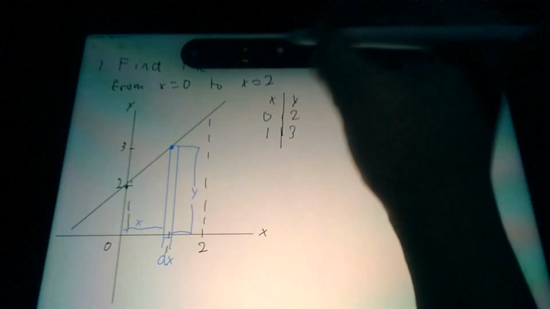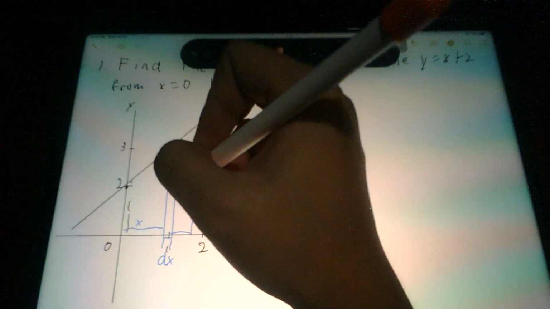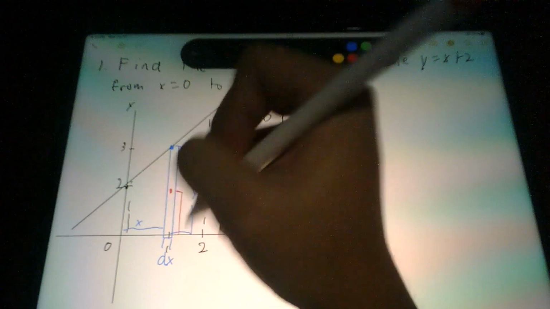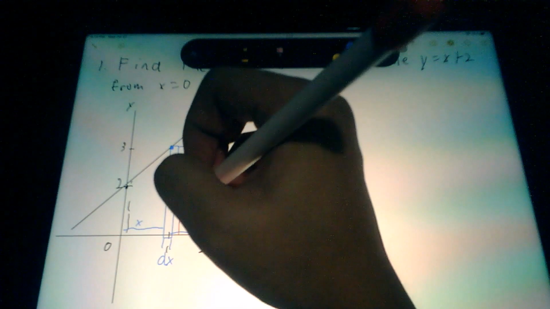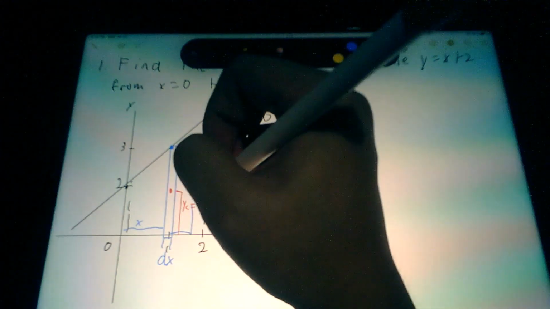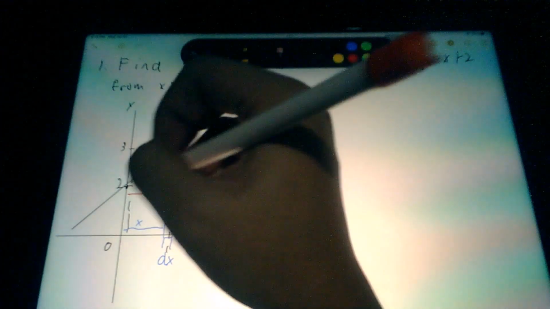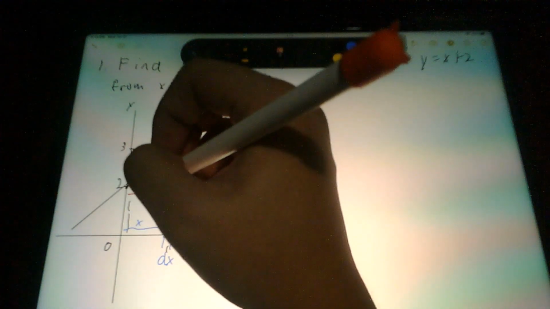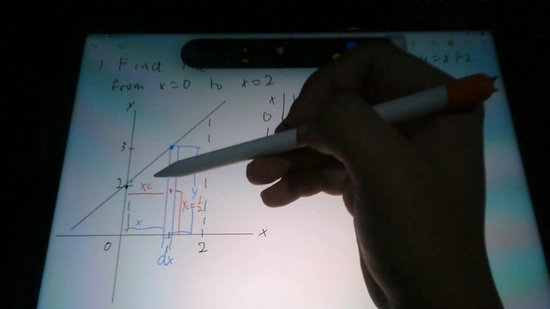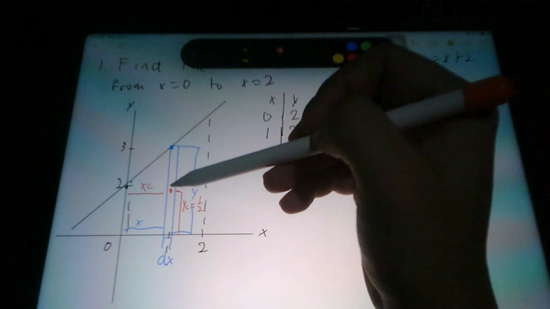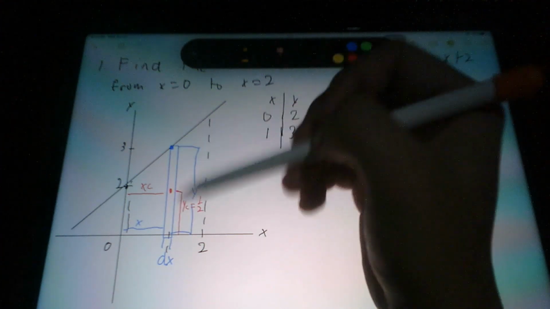Now if our centroid is located in the center, from this point to the x axis, this is yc, or 1/2 y. And xc here is equal to our x. From the center to the x-axis is our yc, or half of our y.